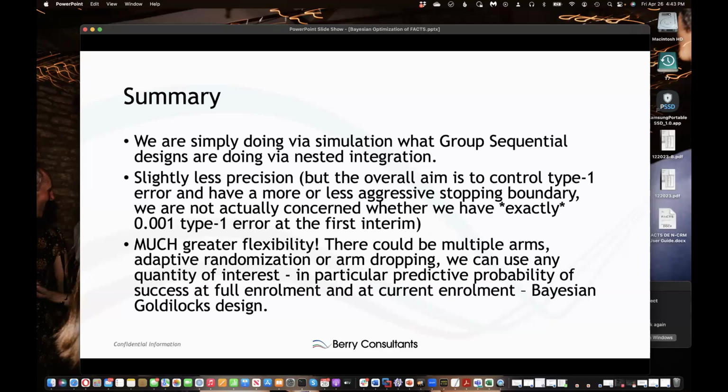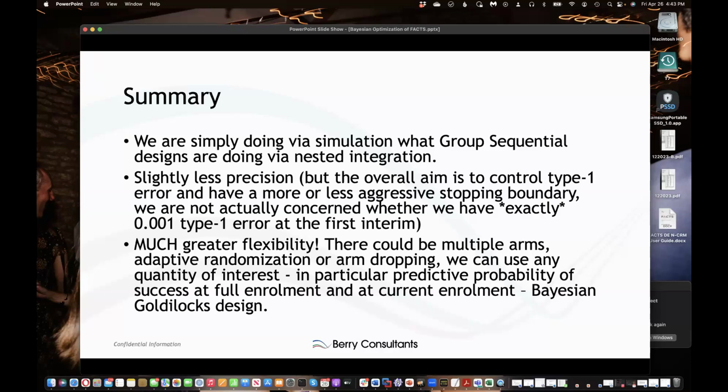So, in effect, what we're doing is simply doing via simulation what the group sequential designs do via nested integration. Granted, we're doing it with slightly less precision, but as I said, the overall aim is to control type 1 error and have a more or less aggressive stopping boundary. We're not actually concerned whether we have exactly this 0.001 type 1 error spend at the first interim.